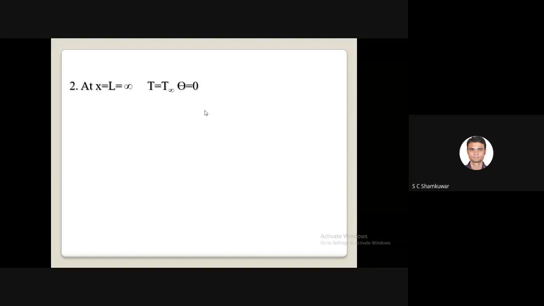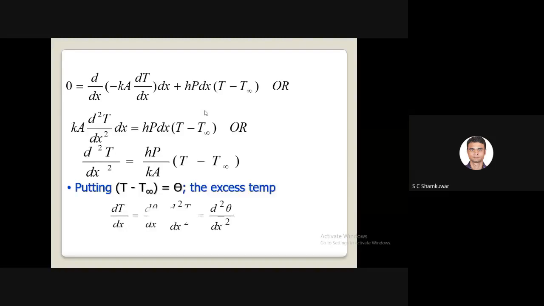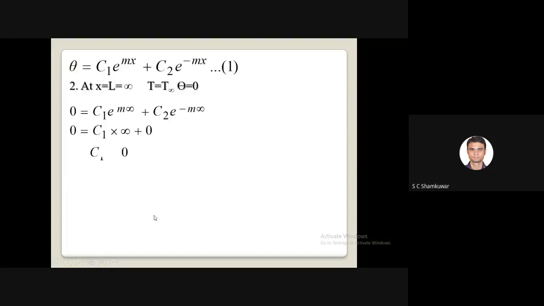Because we have seen now, when we replaced T minus T infinity with theta, dT by dx is equal to d theta by dx.